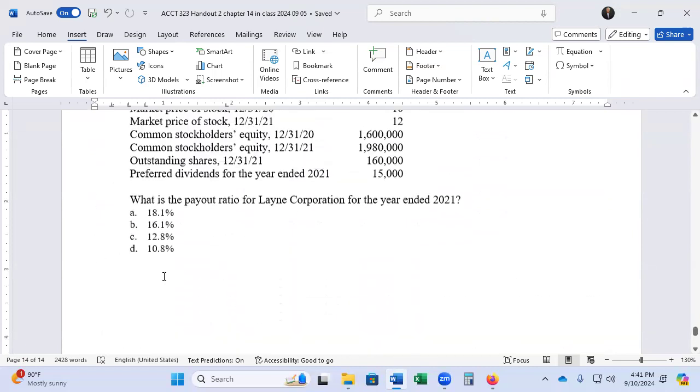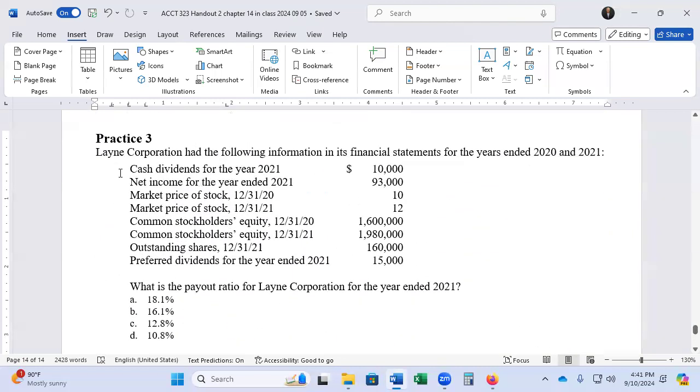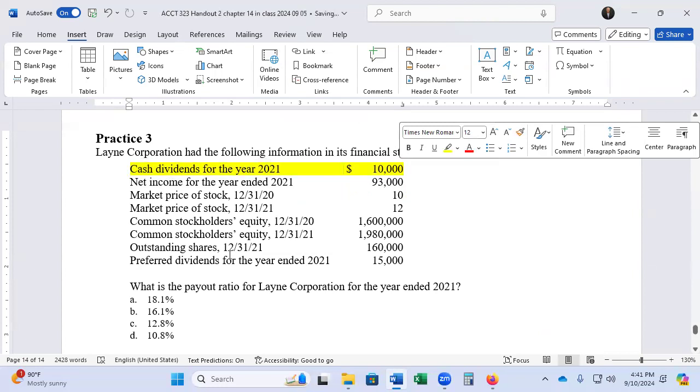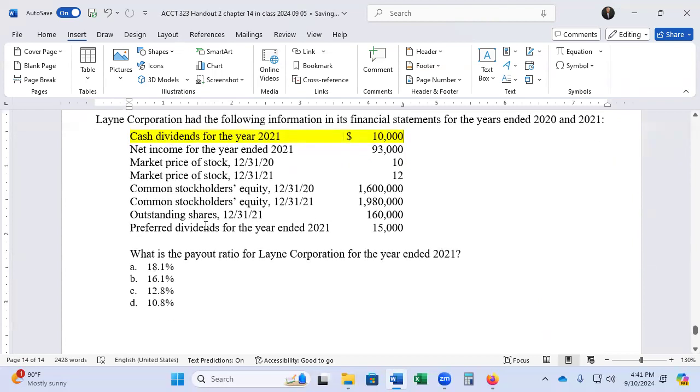Okay, so what is the payout ratio? Cash dividends for the year 2021, we have 10,000. And you kind of have to look at it and say, okay, they've got these preferred separate out. So we assume this one's for common stock.